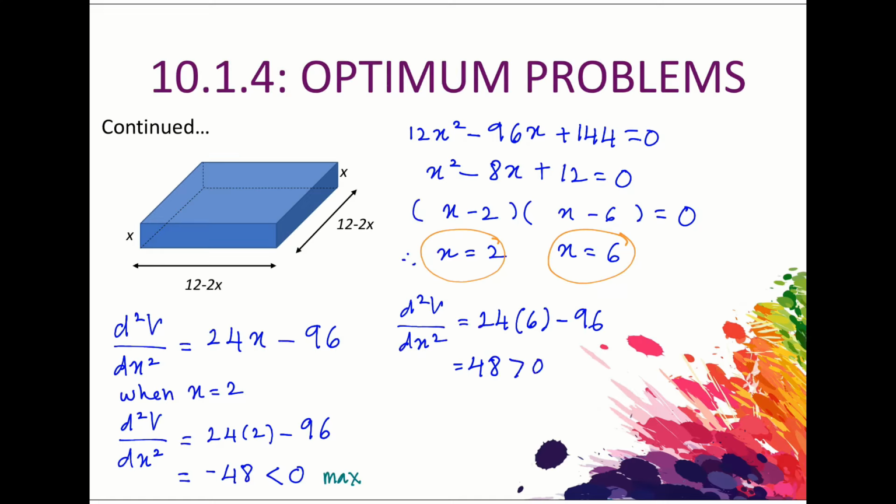So for x equals 6, we can say that it gives the minimum volume for the box. So in conclusion, we can say that the square cuts should be 2 centimeters by 2 centimeters. So that's all for example 4, question number 1.